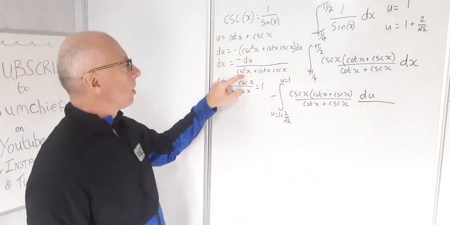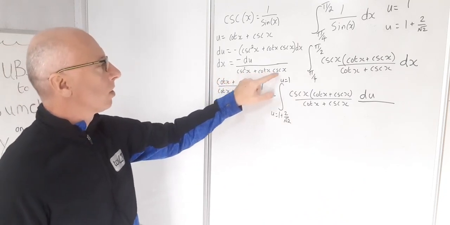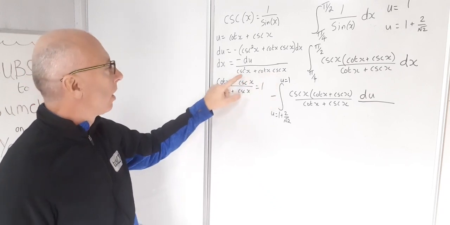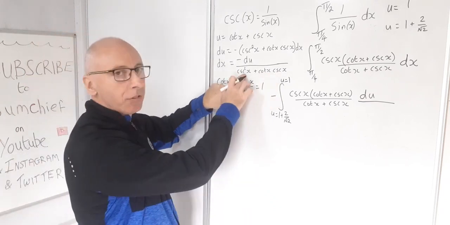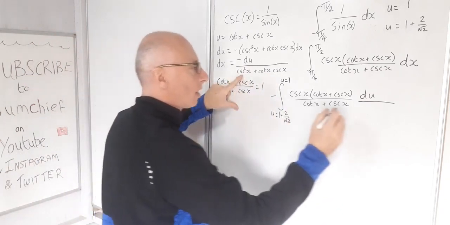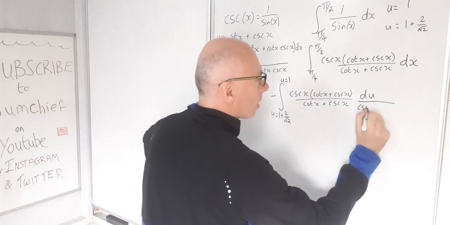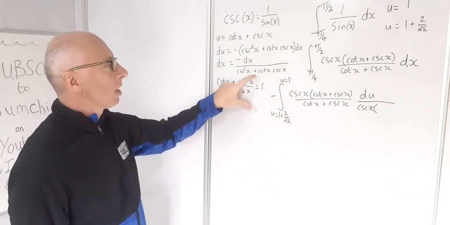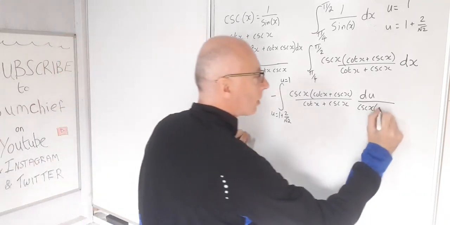So I've got cosecant squared x plus cotangent x cosecant x. Now I can change that. I can write that now as factoring out cosecant of x. So I can now do cosecant of x and then multiply that by cosecant of x plus cotangent of x.